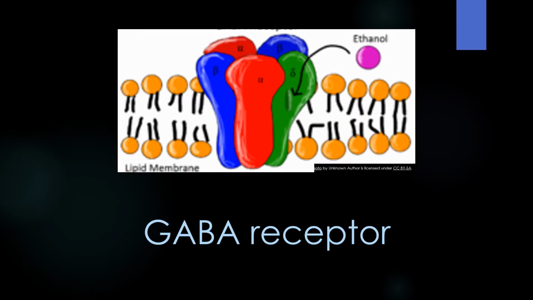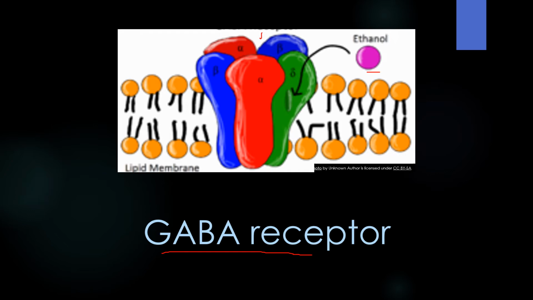This is the same GABA receptor. It has another site where the alcohol molecule will attach, and it will have a similar effect to positive modulation, where chloride will enter the nerve cell, making it hyperpolarized, therefore less active and with less impulse flowing to the other nerve cells.